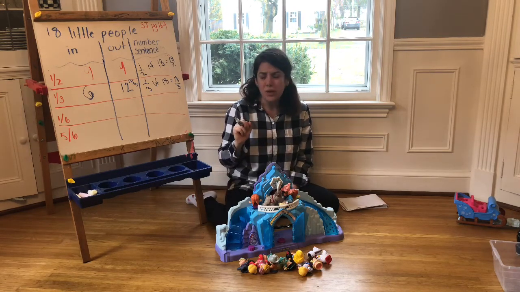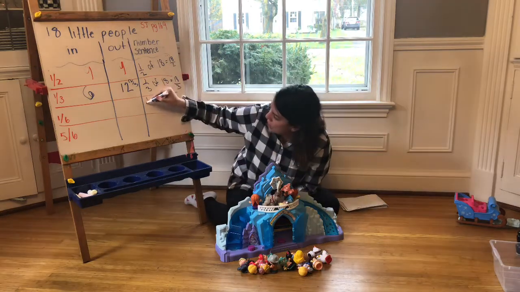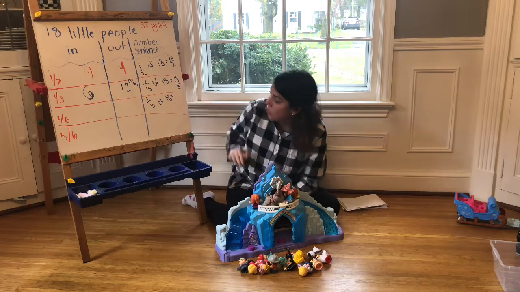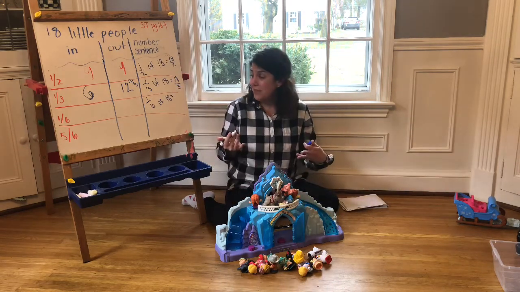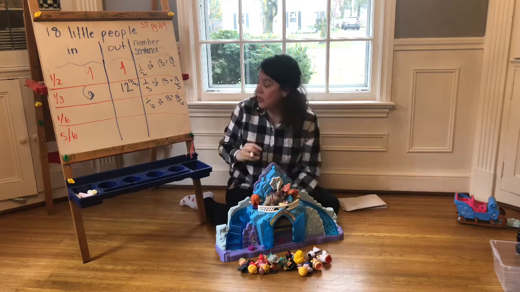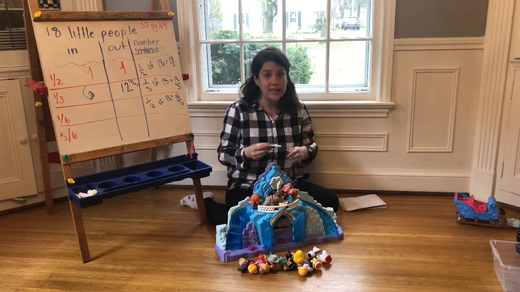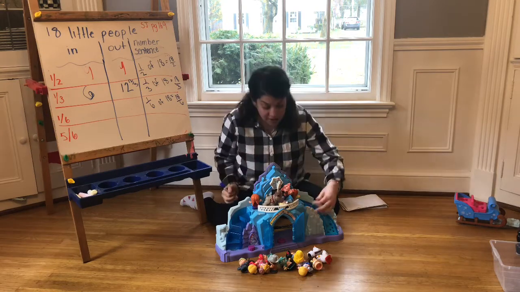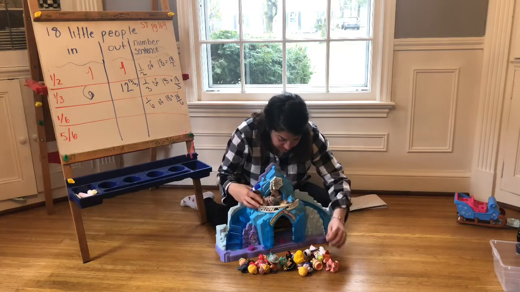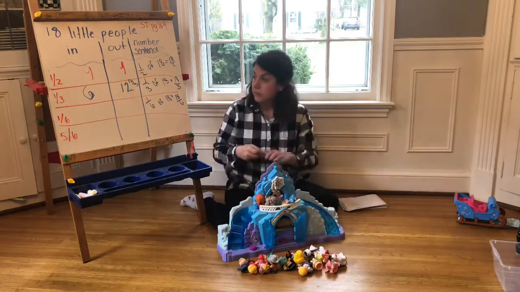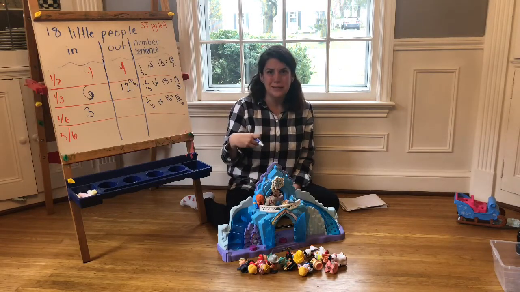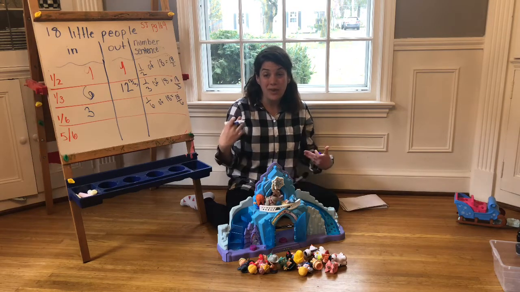Good. If that's what you thought, give yourself a pat on the back. Okay, so let's think about what 1/6 of 18 would be. Well, if we know that this is the same as saying 18 divided by 6, or 18/6, we all know 18 divided by 6 would mean that there's 3 people in Elsa's Castle. How many are out of Elsa's castle?